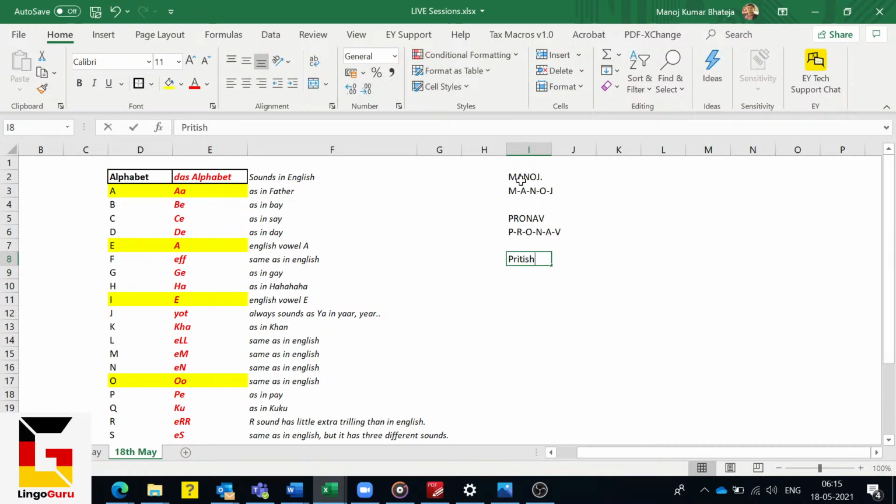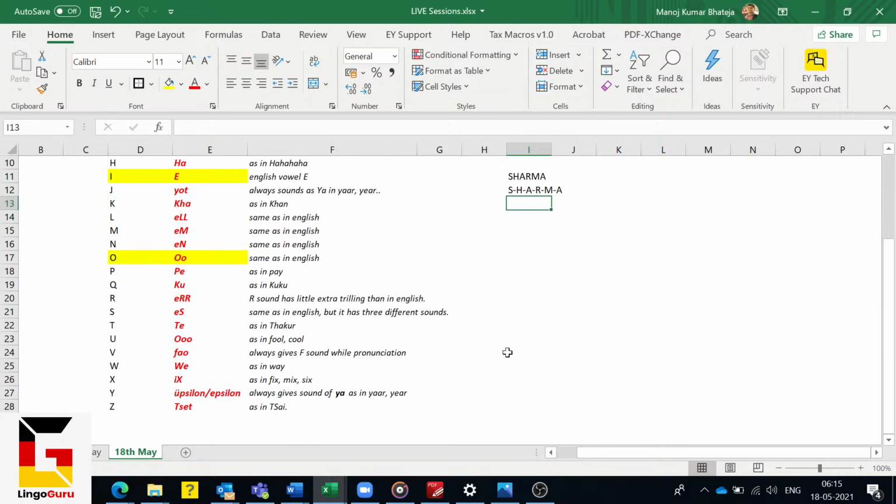So Pratish, you're going to pronounce your name as P R E T E S H. I have Mr. Sharma on the call, right? So let's say Sharma, for example. We are going to pronounce it as S H A A R M R. Sharma, right? So this is how we spell our names using these sounds.